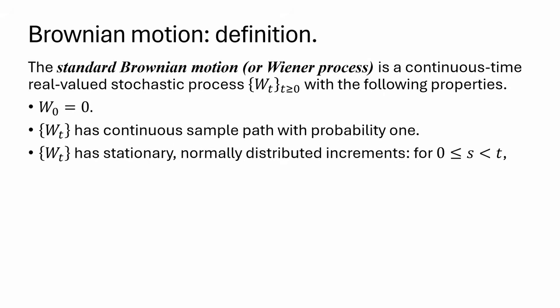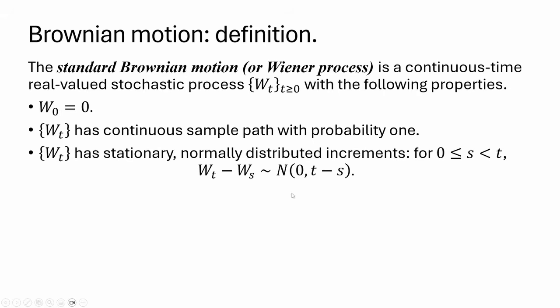Next, Wt has stationary, normally distributed increments. For s greater or equal to 0, less than t, the increment Wt minus Ws over the time interval s to t follows a normal distribution with 0 mean and a variance of t minus s, that is the length of the time interval.